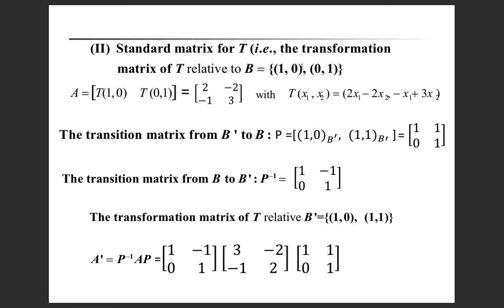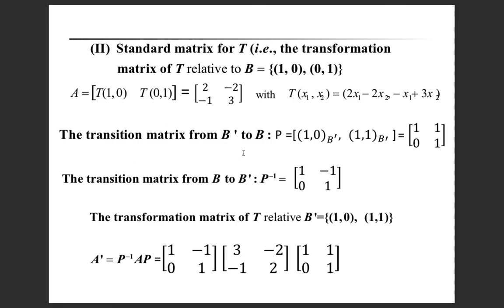Here these are the usual bases. See, the first row of the standard matrix is nothing but the coefficients of the first vector, and the second row is nothing but the coefficients of x1 and x2 in the second vector.